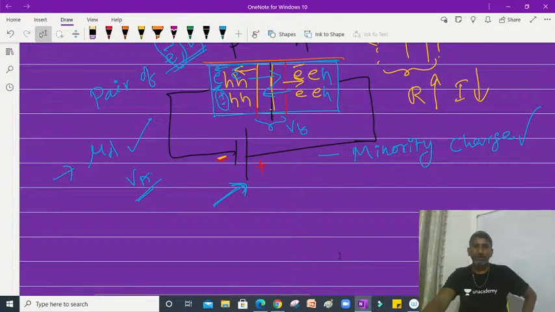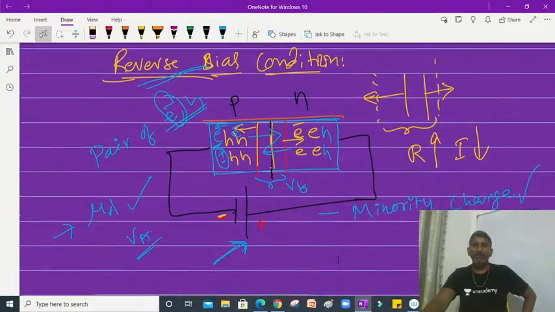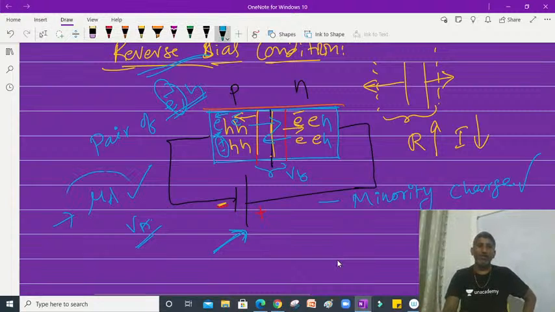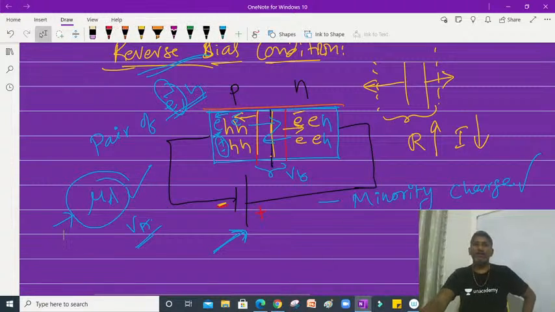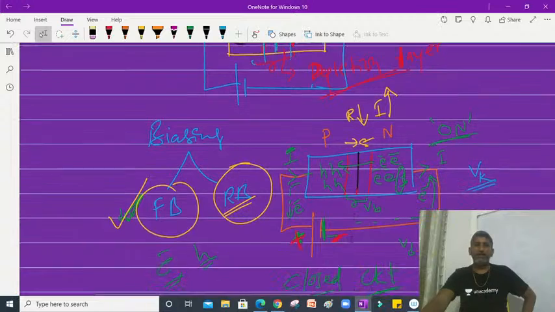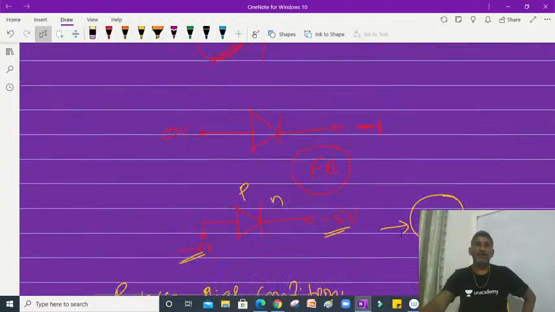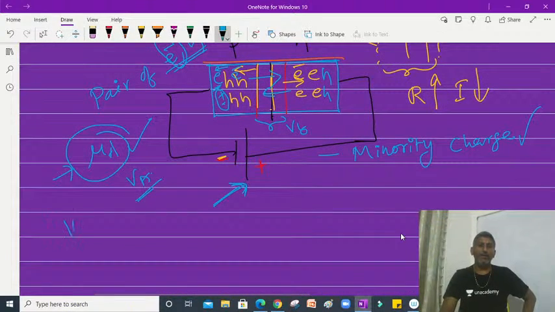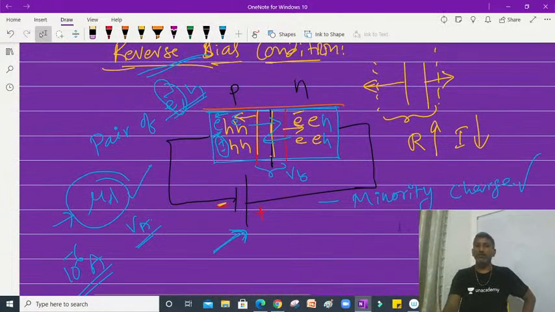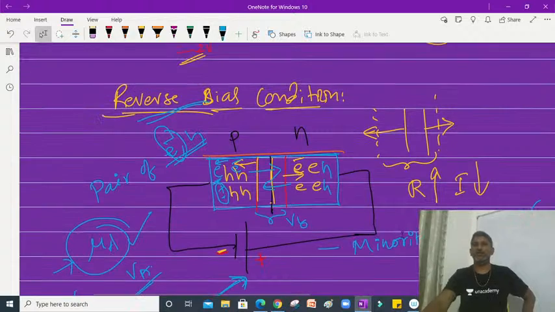Students, you can see in the reverse bias condition, currents in the microampere range can be obtained, whereas in the forward bias condition, currents will be obtained in the milliamperes range. Milli means 10 power minus 3 amperes, and micro means 10 power minus 6 amperes. Here it is due to minority charge carriers.